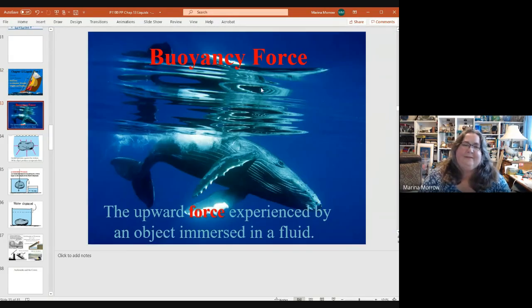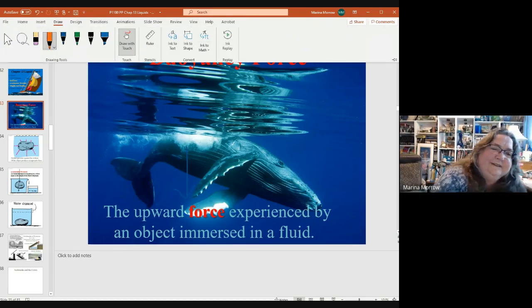Well, when an object is immersed in a fluid, then there's a force that helps push it upwards. So here's a whale. This whale weighs many thousands of pounds, but he doesn't just sink to the bottom. You can see he's kind of floating there, right? So in addition to his weight, there must be some other forces.